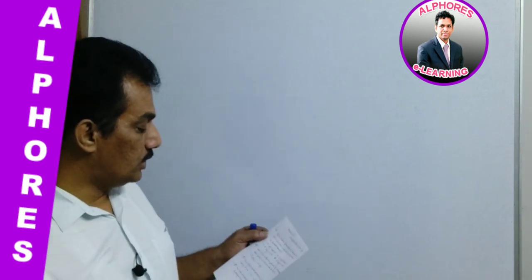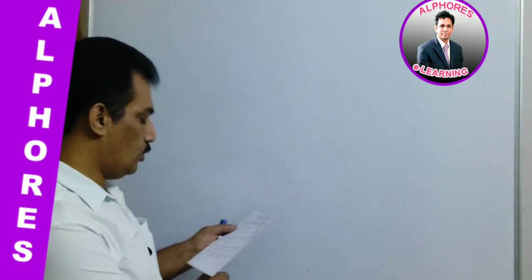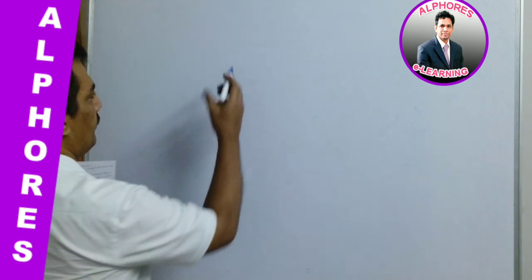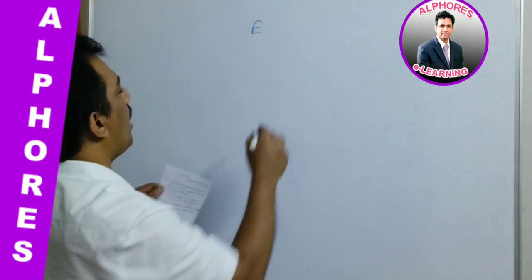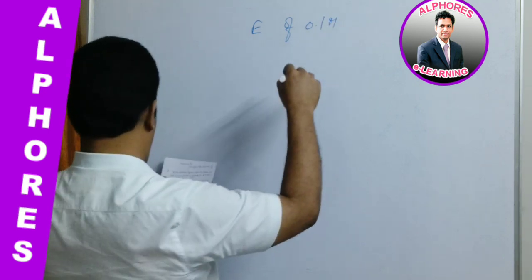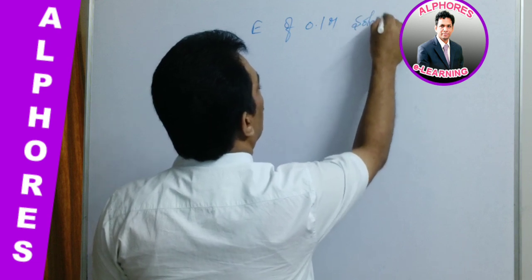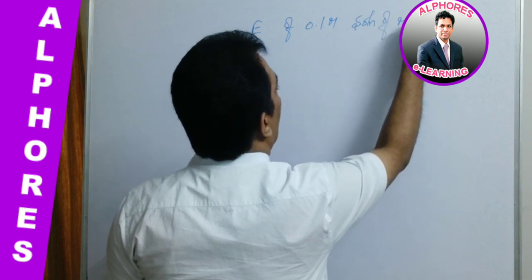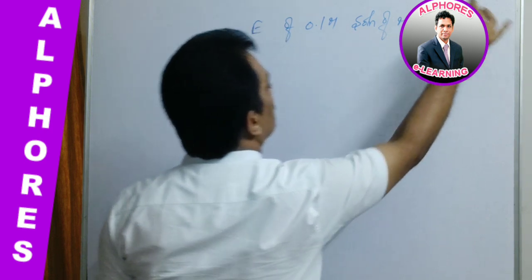Now let me give the questions. First of all, it is given the single electrode potential E of 0.1 molar solution of M plus ion is how much?